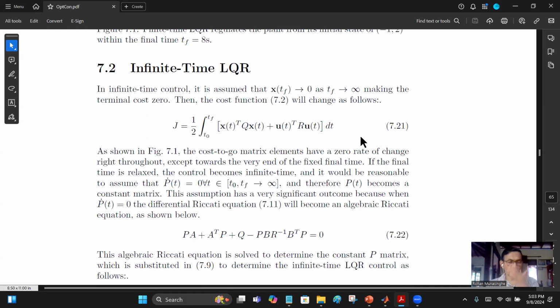With naturally the infinite time LQR, what if we relax the final time? There are a couple of things that happen when you relax the final time. Number one, your objective function becomes very concise like that. Now, you don't have to worry about the system dynamics as a constraint because system dynamics is anyway included in the Riccati equation.